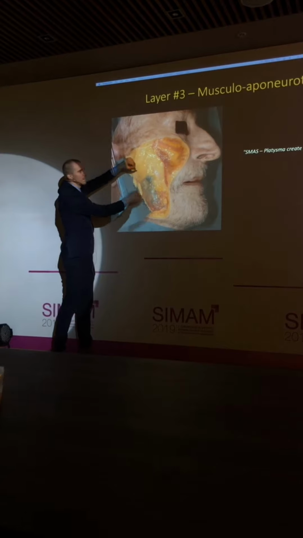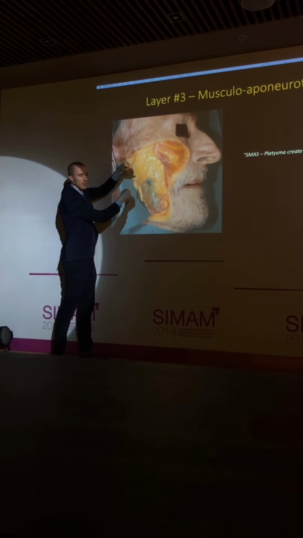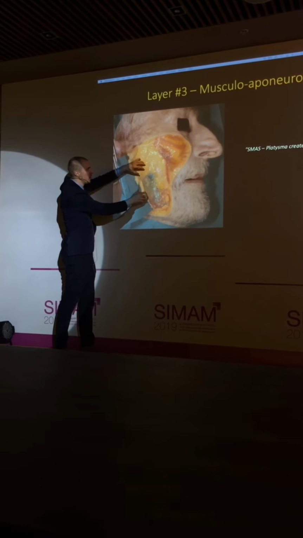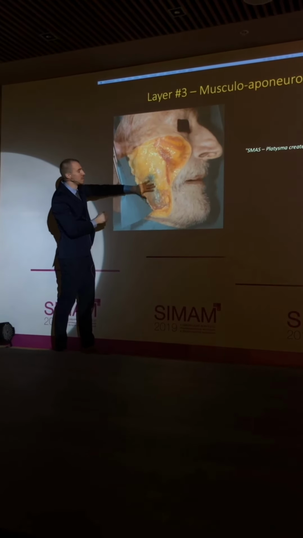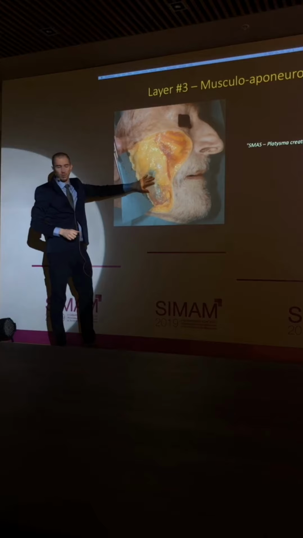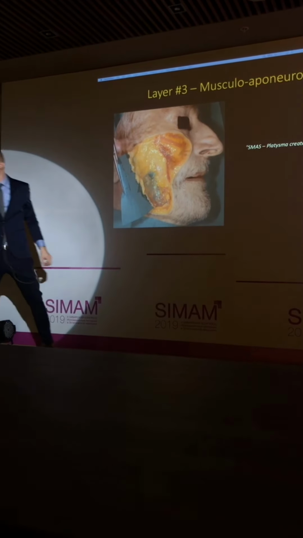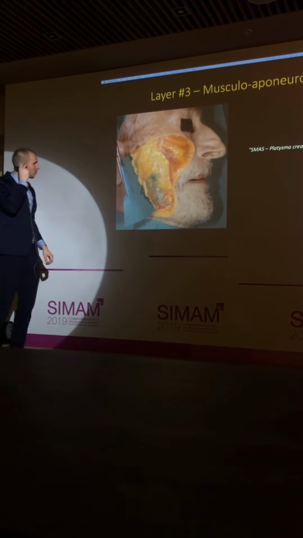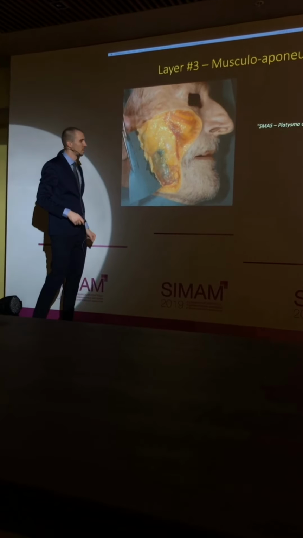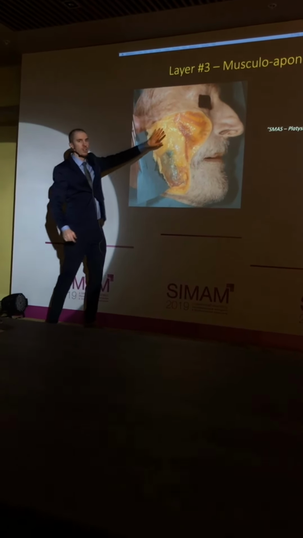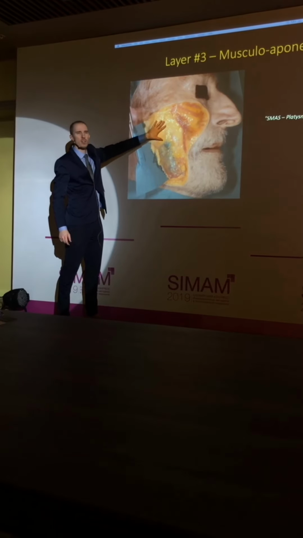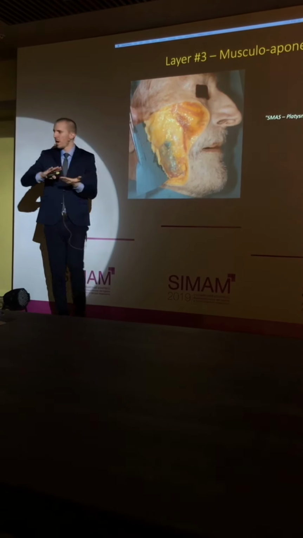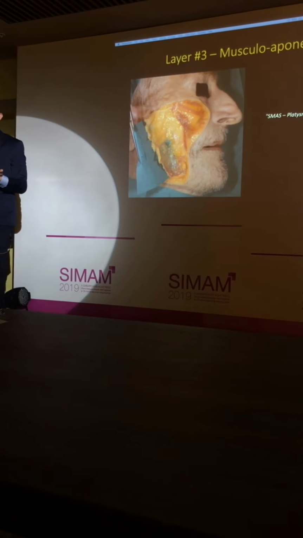Obviously, you can tighten the skin as well, the skin and the subcutis, but you can also tighten this layer, this SMAS layer, this layer number 3. And this explains it very well because you see that here this SMAS is not one nice paper thin layer.